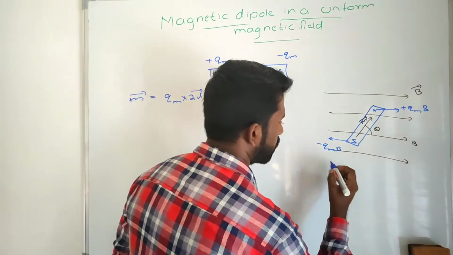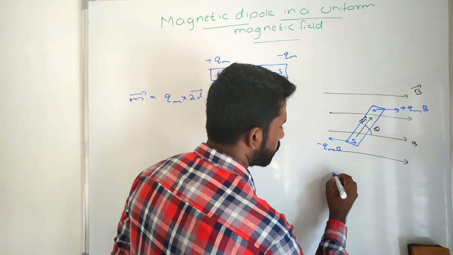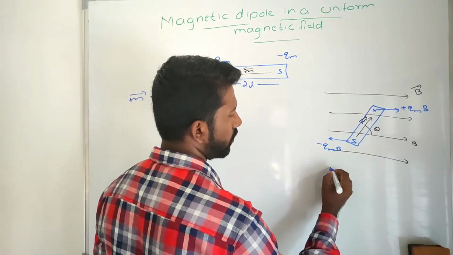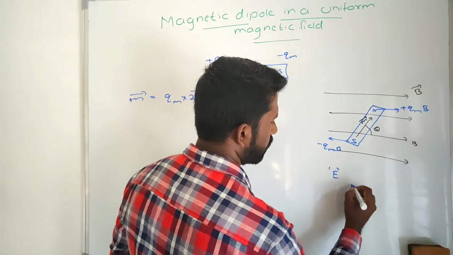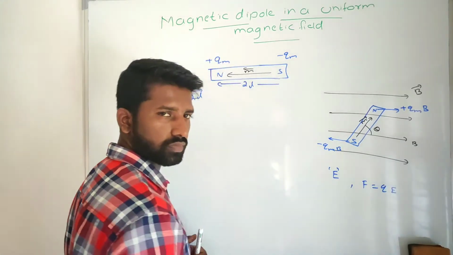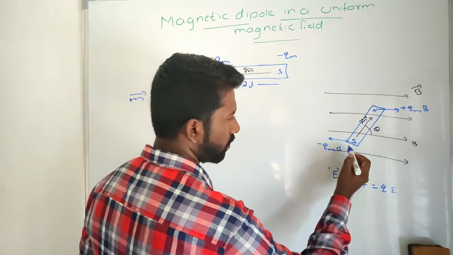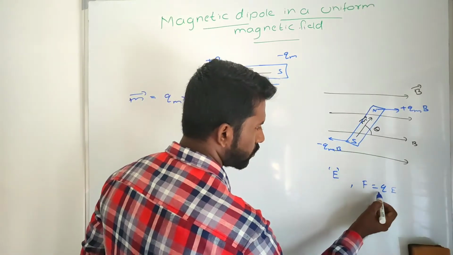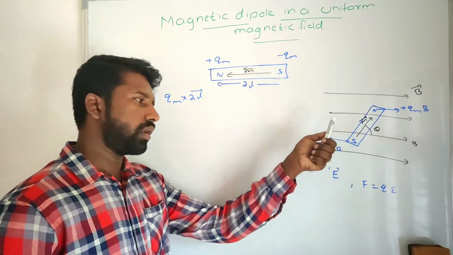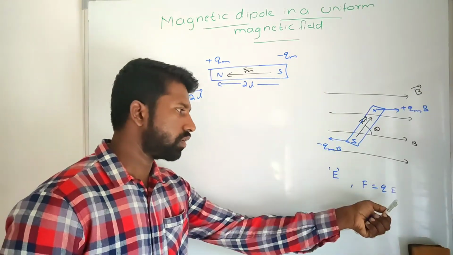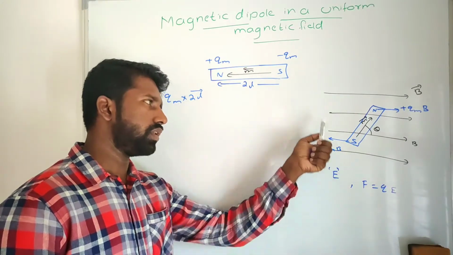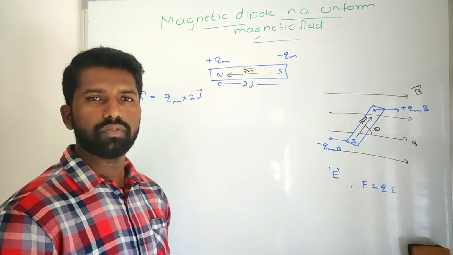If a charged particle is placed in an electric field E, it will experience a force F equal to Q into E. Similarly here, the magnetic force is, instead of Q, the pole strength into B, and instead of E, B. E is the strength of the electric field and B is the strength of the magnetic field.